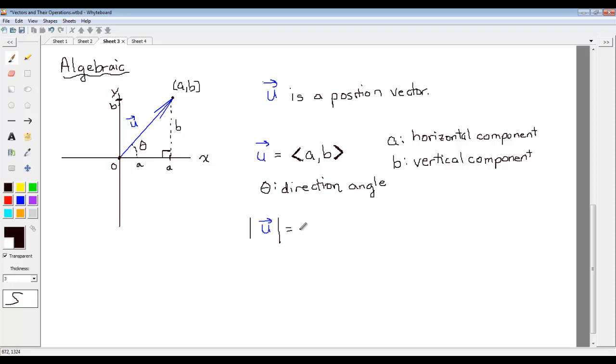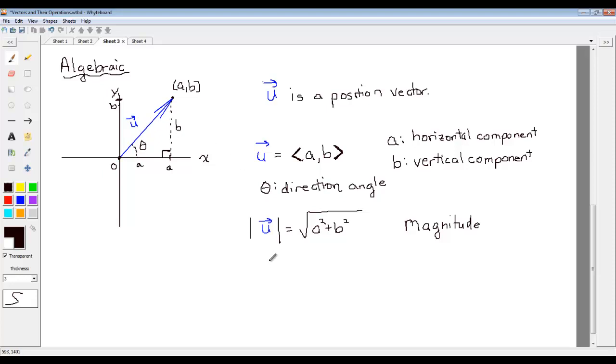The length of that's going to be the square root of a squared plus b squared. Because by the Pythagorean theorem, a squared plus b squared equals c squared. Well, to get c, you take the square root of a squared plus b squared. c is really the length or magnitude of vector u.